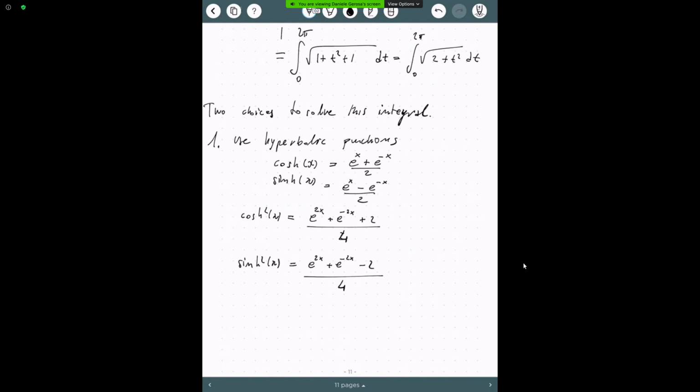This means that hyperbolic cosine squared minus hyperbolic sine squared gives 1. Notice that cosine of x squared plus sine of x squared is equal to 1, so there is this symmetry. That's one reason why they are called hyperbolic cosine and sine. That's only one.